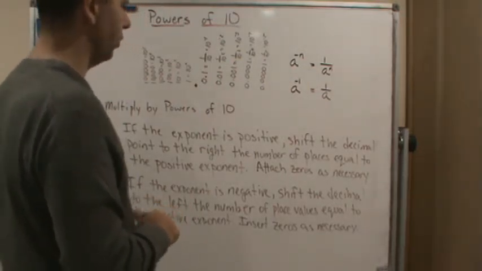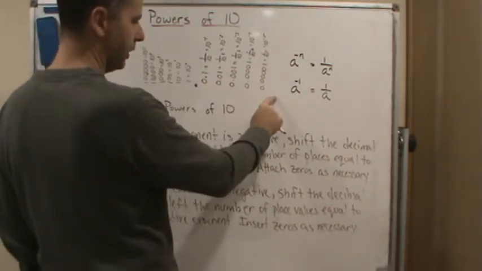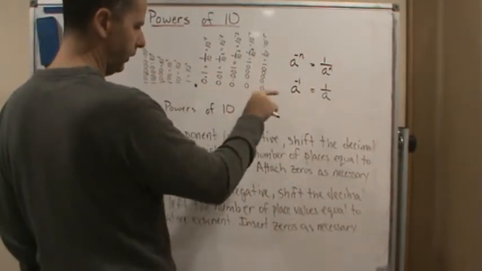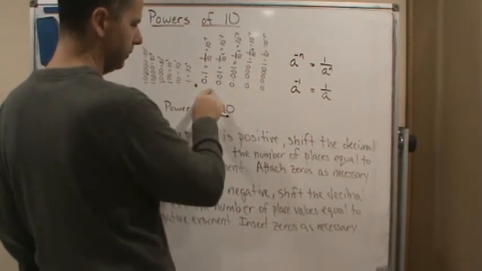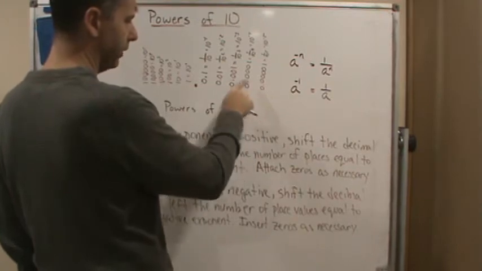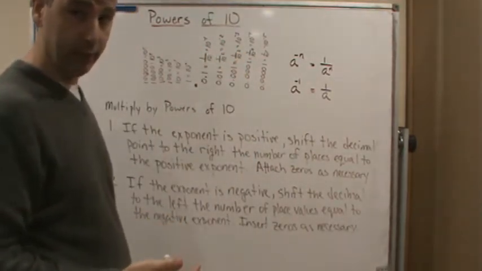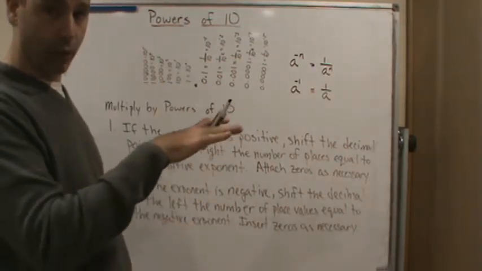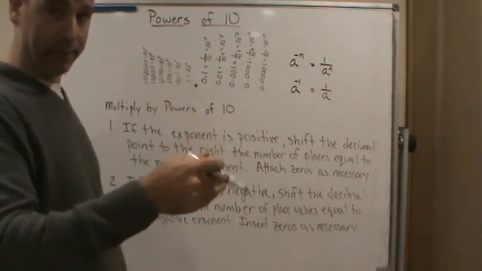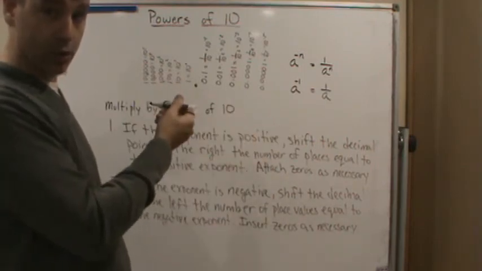Okay, so you could think of it as we go out to the right in place value, as we go to the right of the decimal point, we get higher and higher negative powers of 10. Remember, before we were talking about how dividing by powers of 10 moves the decimal point to the left.